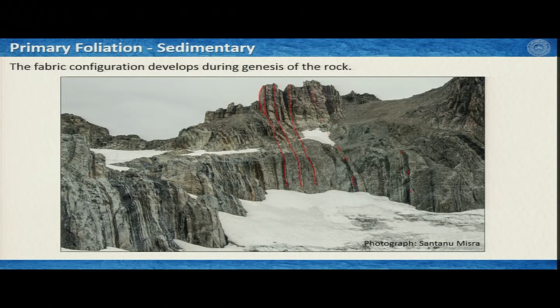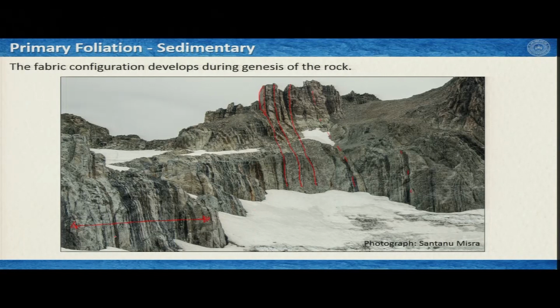sedimentary primary foliation. Now, at this stage I would like to very briefly guide you on how to identify these primary foliations in the field. First of all, across the foliation you have different colors. The foliations are defined by different colors and therefore different compositions.